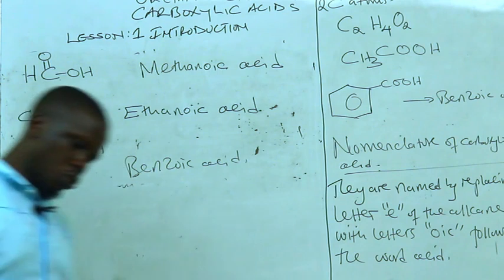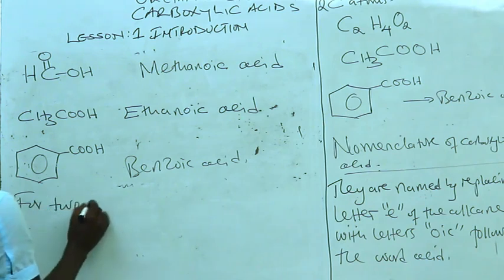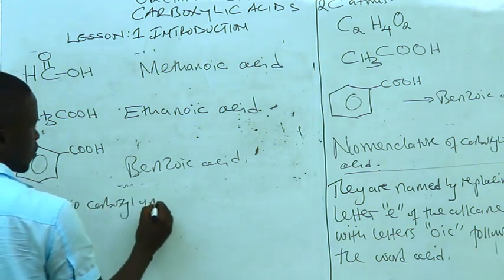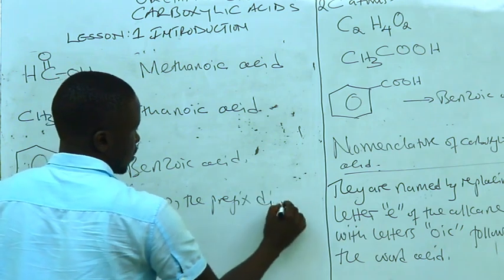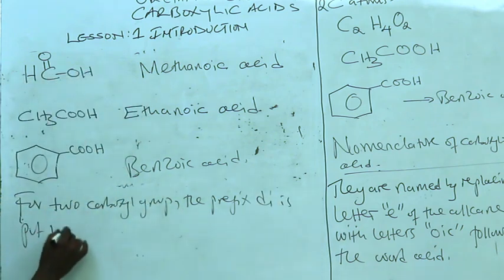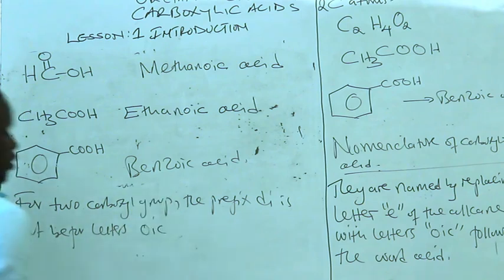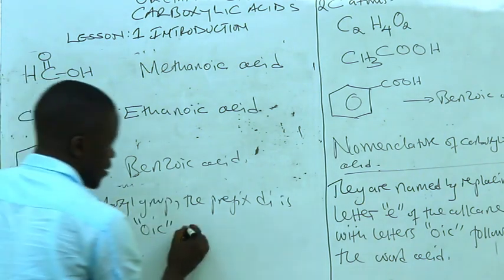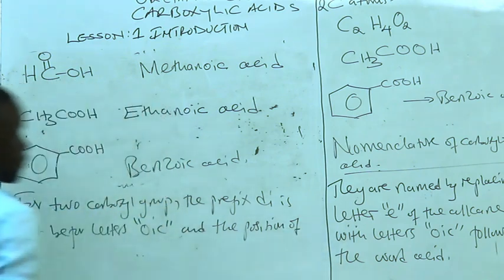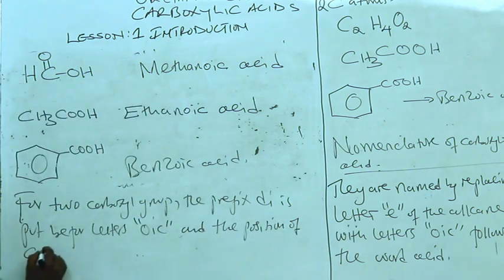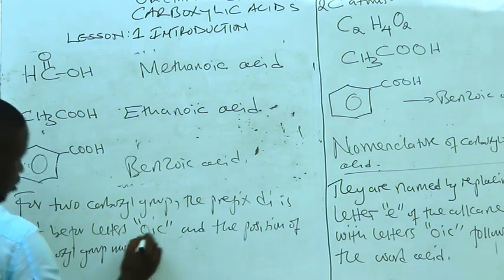Now, what if it has 2 carboxyl groups? For 2 carboxyl groups, the prefix di is put before the letters OIC, and the position of the carboxyl groups must be specified.